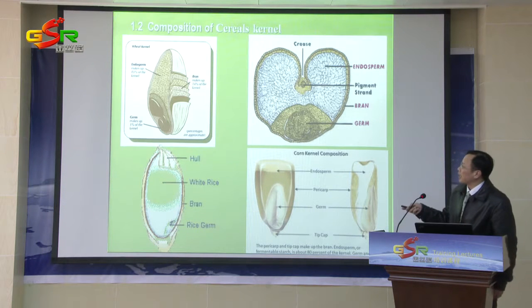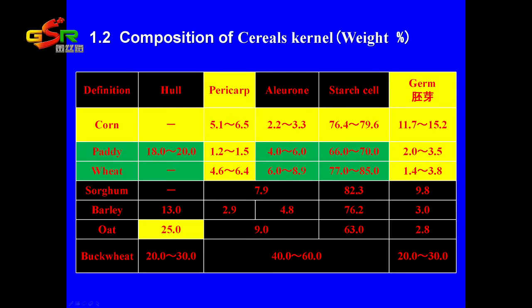Besides the bran, endosperm, pericarp, and germ, corn kernel also contains tip cap. From this table, we can find different cereals have different content in hull, pericarp, aleurone, starch endosperm, and germ. From the table, we also found the corn contains more pericarp and germ.